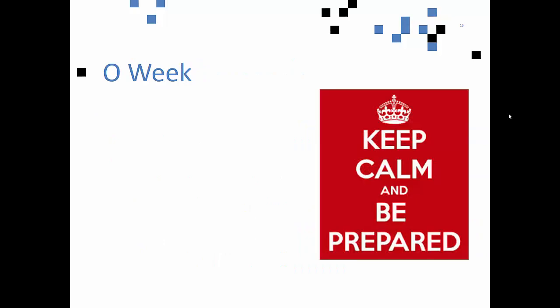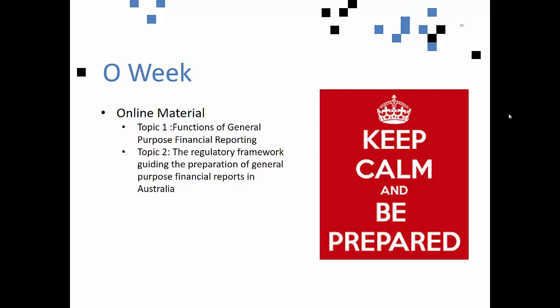Okay, so what I want you to do now, be prepared. Download the outline, download the topic list, download the list of tutorials and self-study problems, and read the online material that we've already put up. So those are the 2 readings by Peter Wells, and you'll find that under the weekly materials under week 0 and week 1.